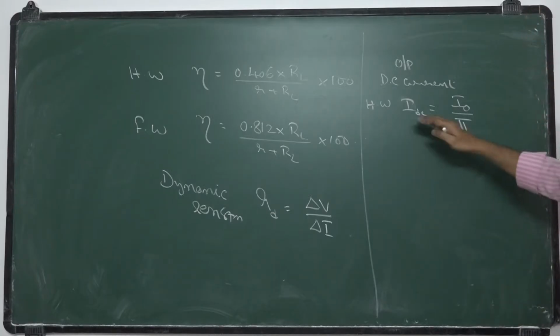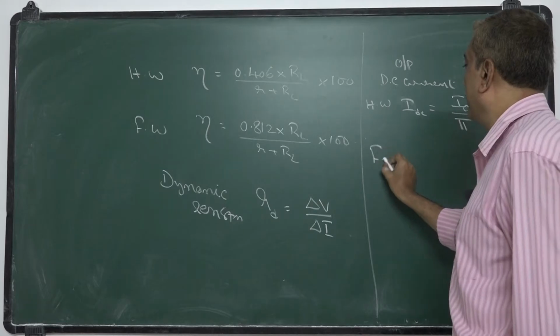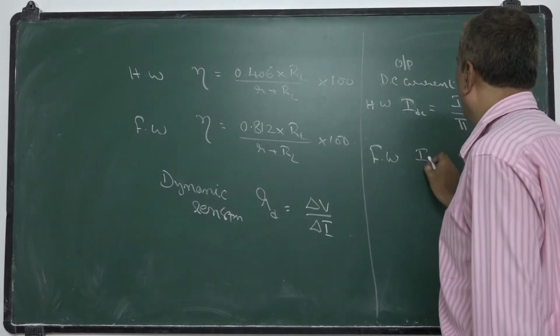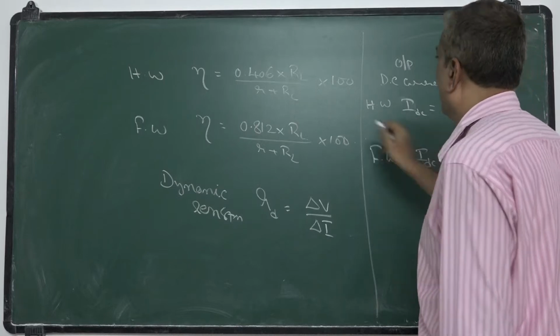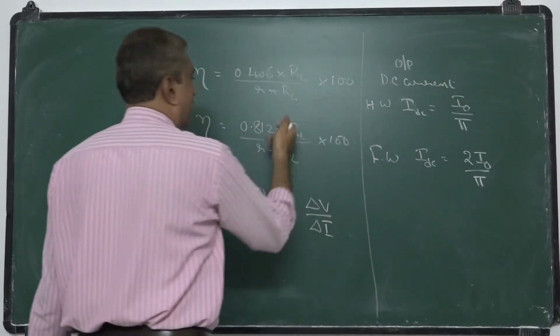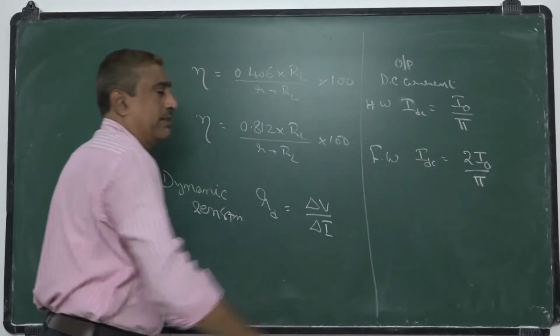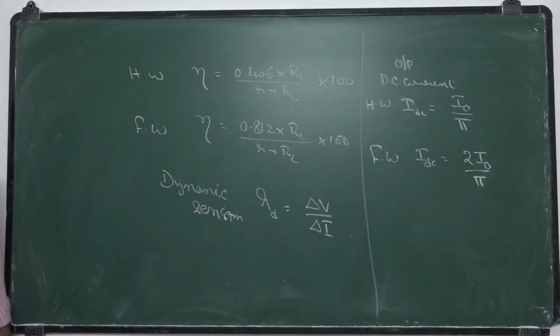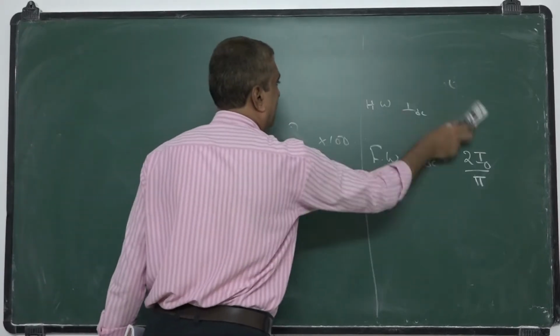For a full wave rectifier, the DC output current is 2 I naught by pi. Here the value is double that of the half wave, so remember it like that. Remember these formulas while solving problems on diodes. Now we'll start with the first problem.